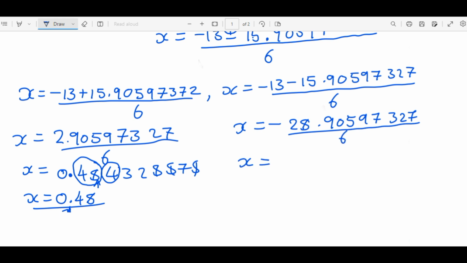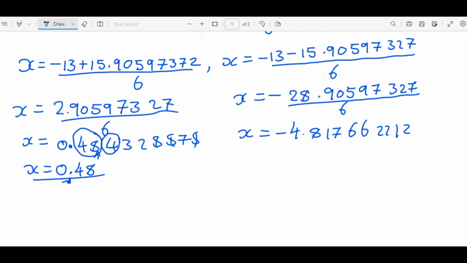If we divide this by 6, I'm getting negative 4.8176662212. Then correct to 2 decimal places, we just want 2 numbers. So this is negative 4.80. Now since our last number is 1 and the number after 1 to the right is greater than 5, we add the 1 here, which will give us 0.82.